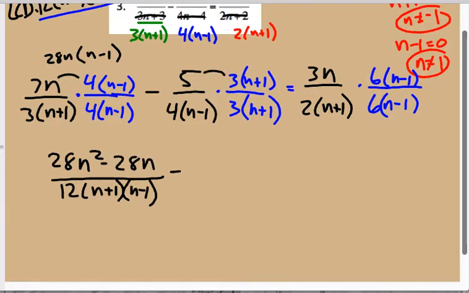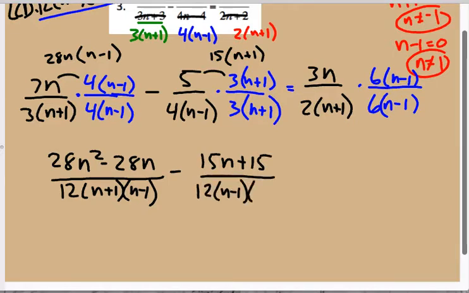Minus 3 times 5 is 15, so it's 15 times n plus 1. That's going to give me 15n plus 15 all over 12, n minus 1, n plus 1.